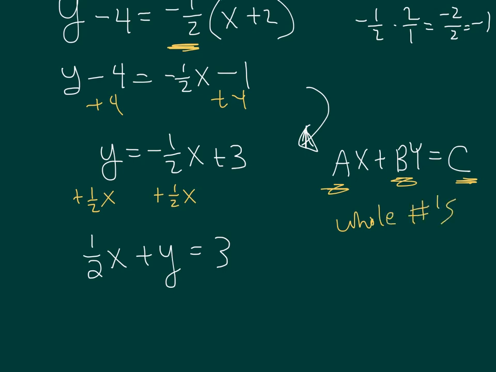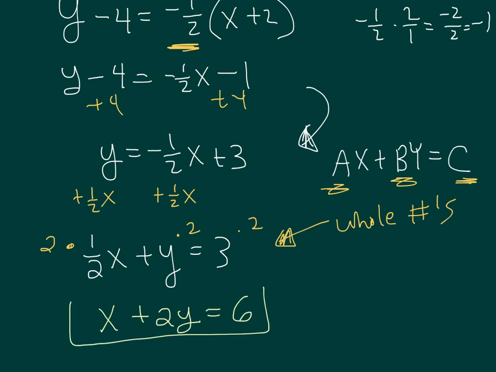Okay? So because the coefficient on the x is a fraction, I need to figure out a way to get it into a whole number. And the way to do that is by multiplying 2 to every single term. So when I do that, I end up with x, right? 2 times 1/2 is just 1, plus 2y equals 6. And that's my final answer. And that's the end of the video.